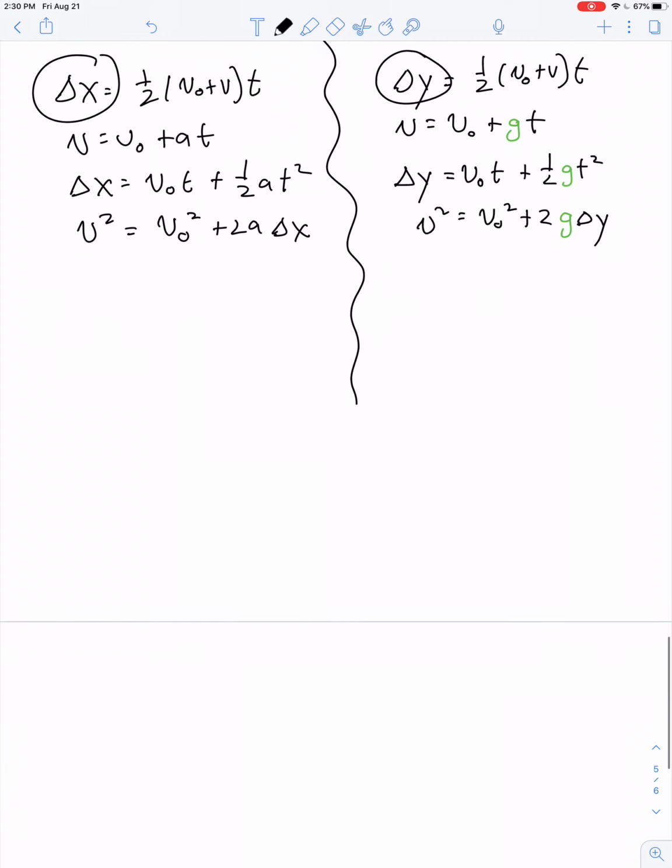For example, there could be a problem that says an object is dropped from a height of 20 meters. How much time will it spend before it hits the ground? So make a list of all the kinematics quantities: displacement, time, acceleration, initial velocity, final velocity.